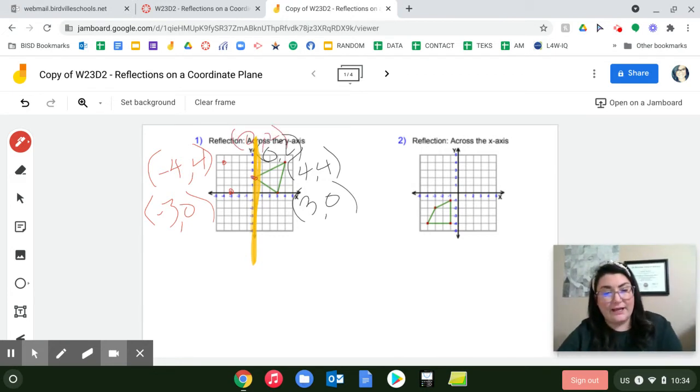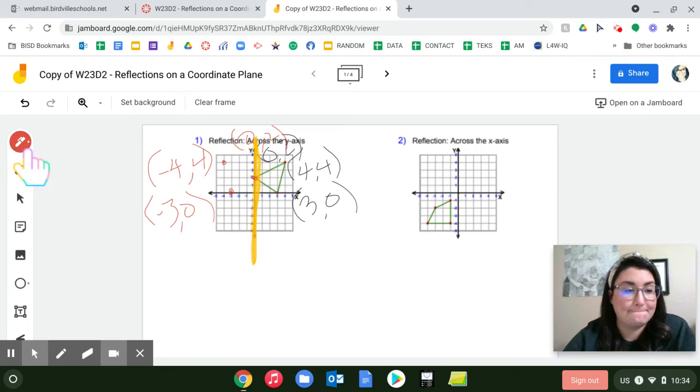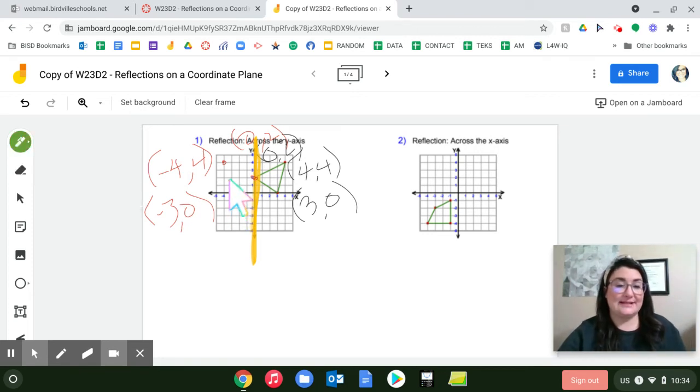So before I tell you what the rule is, can you determine what changed from our original points to our prime points or our prime shape? What you should notice is that the x value changes signs. So x becomes the opposite sign.